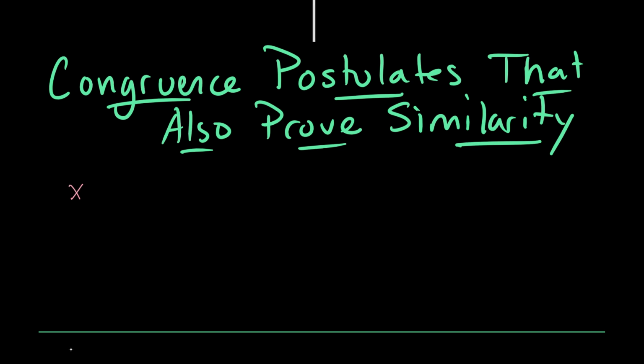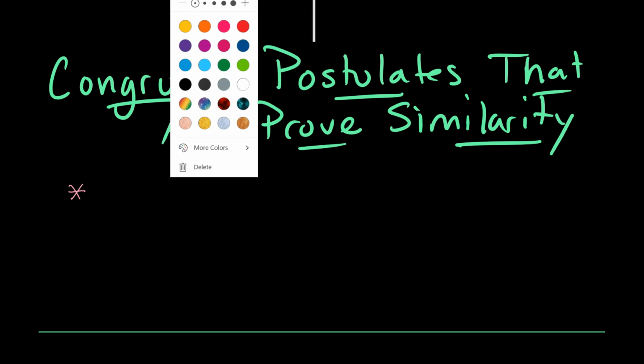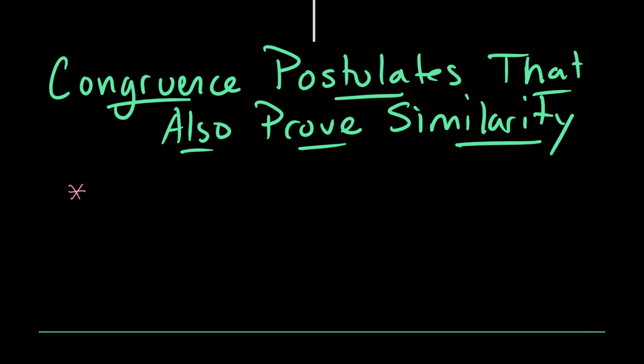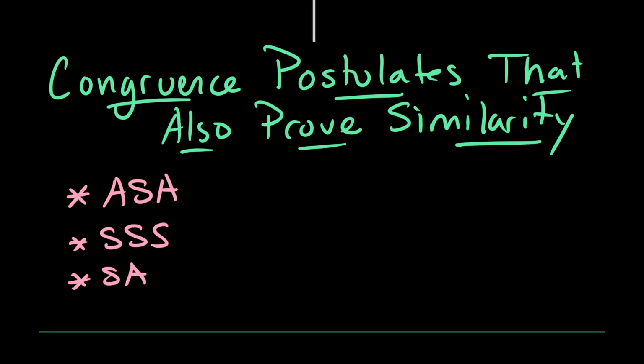Someone give me one of the congruence postulates. So that's a similarity postulate. ASA is one. SSS is one. SAS.